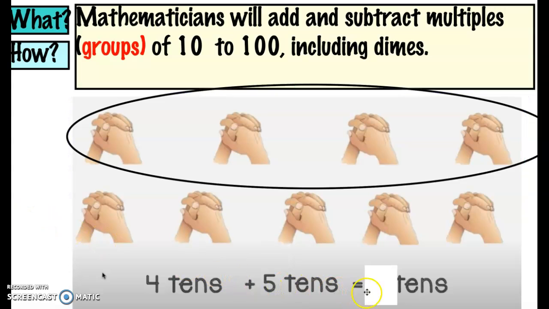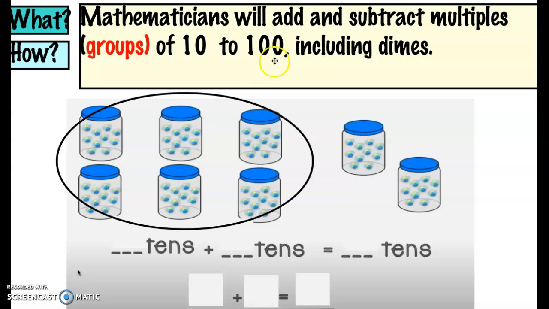Five groups of tens. And how many tens do we have altogether? We have 9 groups of tens. 4 on the top, 5 on the bottom. We have 9 all together. So we're going to be adding and subtracting groups of tens.